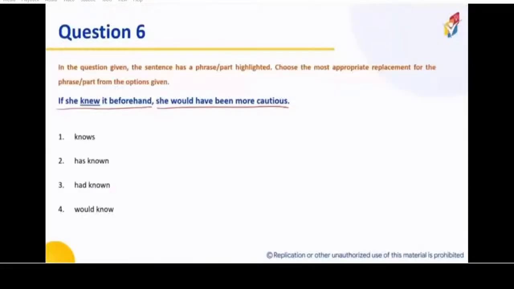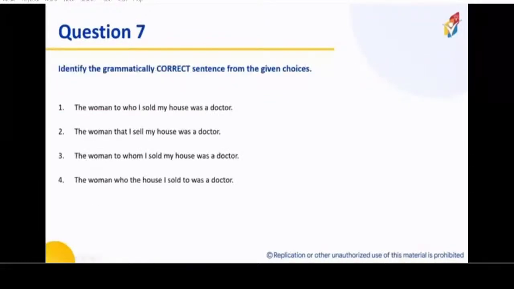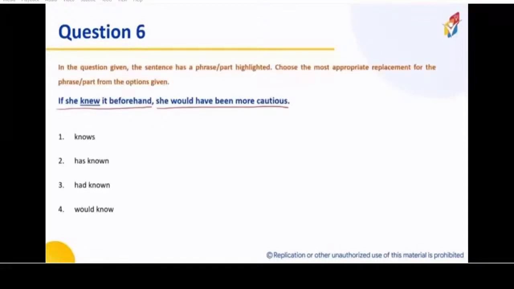Then we have the unfulfilled past, something that never happened in the past, but you're just theorizing what would have happened if only it had happened. That is the third conditional. So this question draws your attention to the usage of the third conditional. She would have been more cautious tells you that she wasn't more cautious. If only this condition had been fulfilled, this would have happened.